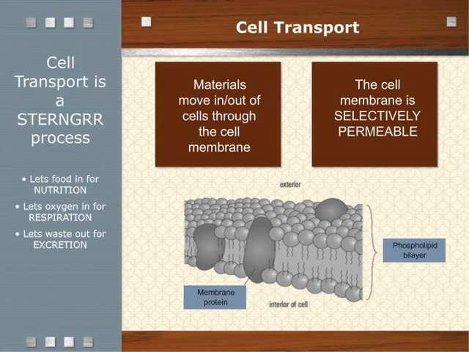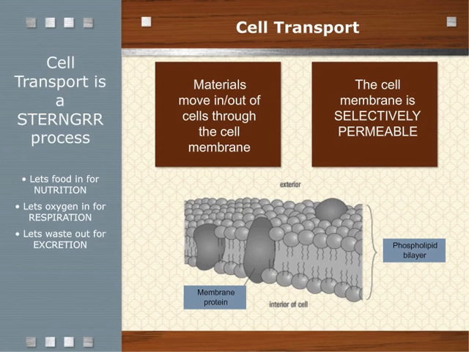Selectively permeable means that the membrane allows certain materials through while preventing others from going through. If you look over on the right upper corner of your graphic organizer, there is a diagram of the cell membrane.